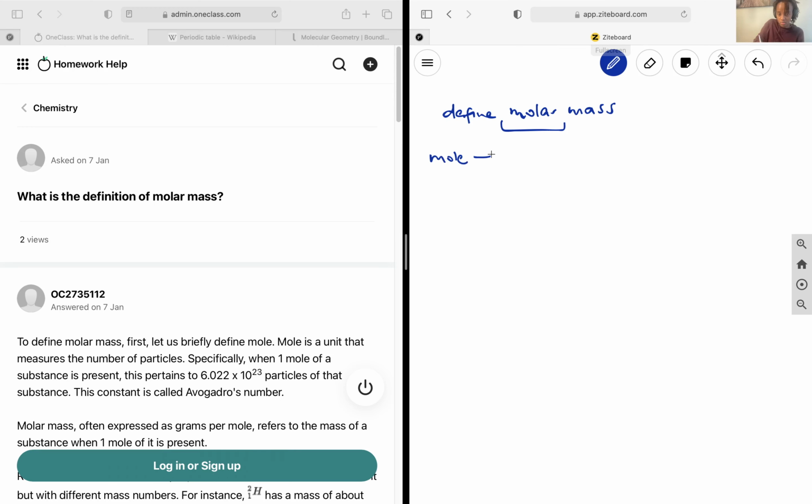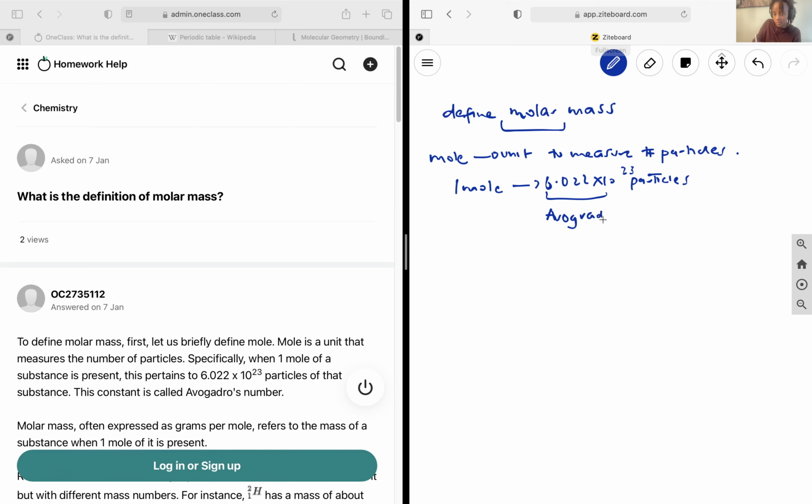A mole is the unit to measure the amount of particles, and it is specifically known that 1 mole contains 6.022 by 10 to the power of 23 particles. This is also known as Avogadro's constant.